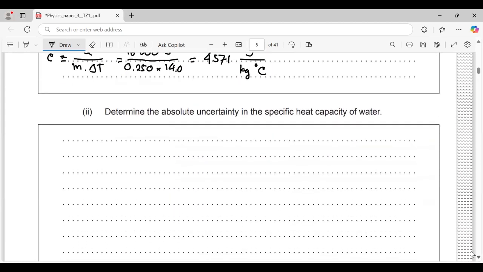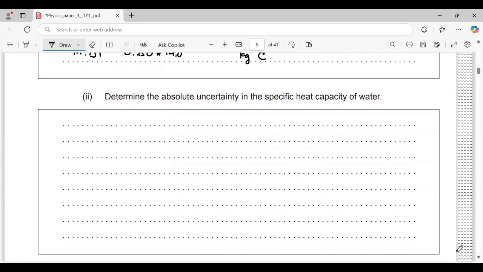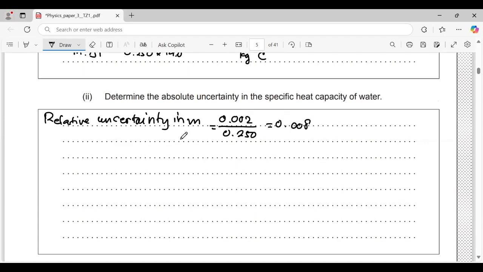Determine the absolute uncertainty in the specific heat capacity of water. We need to determine first the relative uncertainty. The relative uncertainty in mass is 0.002 over 0.250, and the result is 0.008.